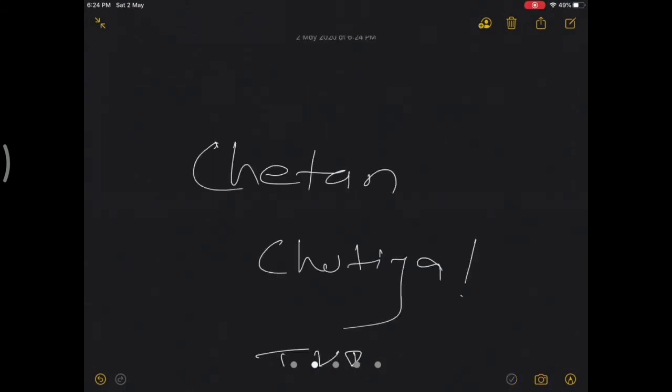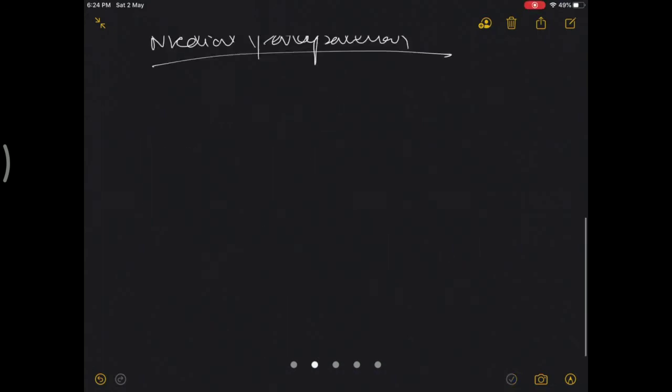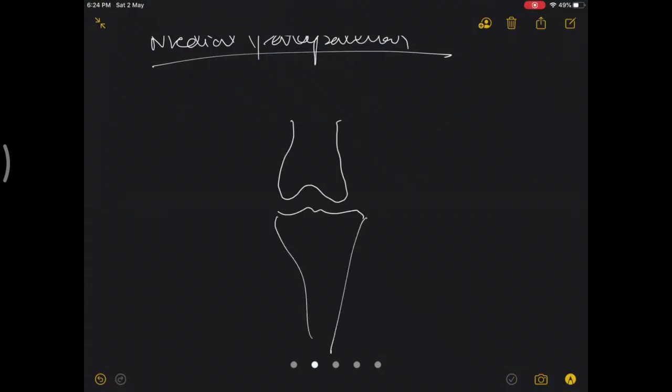So if this is a knee, it's the tibia, and this is the ligamentum patellae. Either you will take a central incision or a paramedial incision, and the paramedial incision has a few advantages.